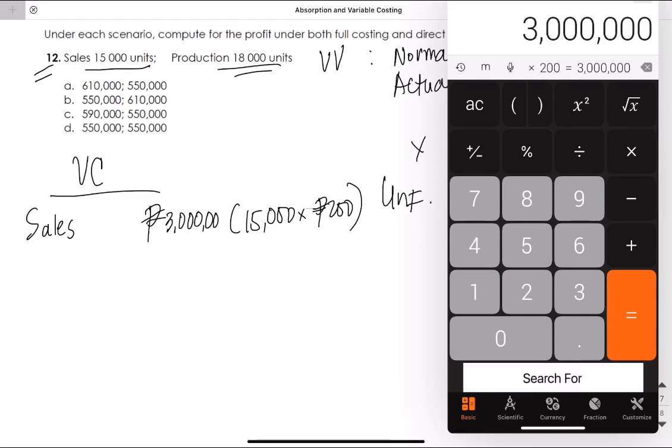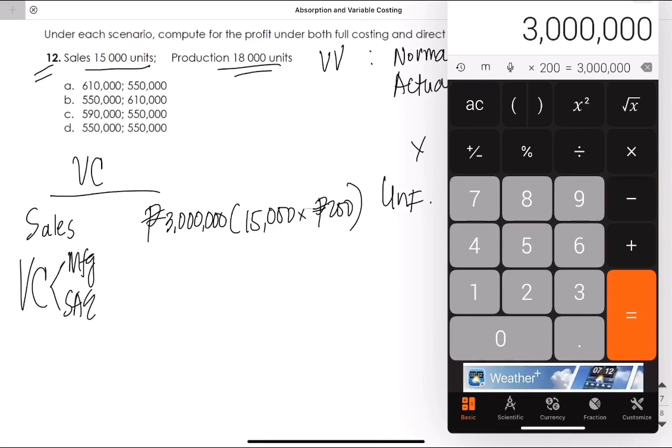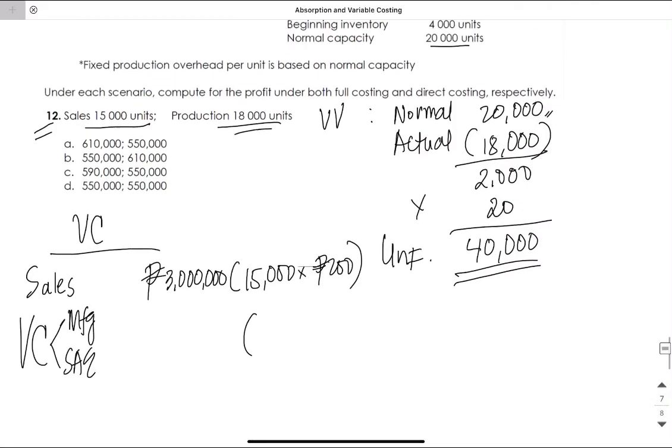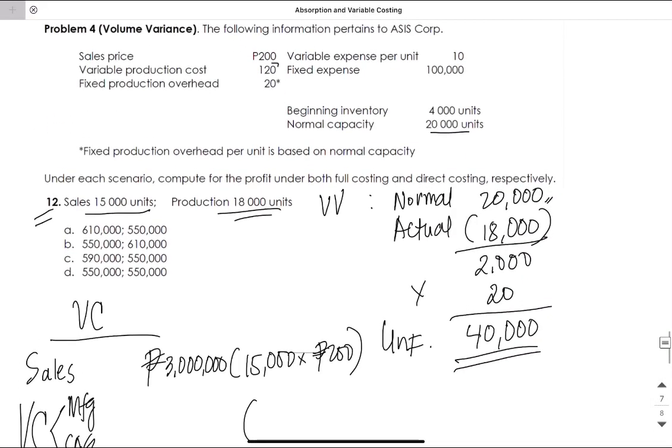Then less variable costs, manufacturing and selling and admin expense. For manufacturing, we have 120, and for variable selling and admin cost per unit, 10. So we have a total of 130.